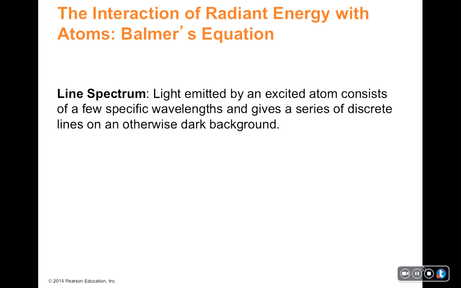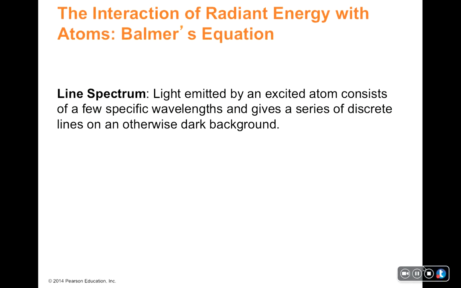So we talk about this spectrum and the wavelength and frequency here in order to be able to talk a little bit about how the electronic structure of atoms was discovered. And one of the first things that was discovered is that hydrogen atoms in particular, when you excited those hydrogen atoms, they emitted different wavelengths of light. And this was then known to be what is called a line spectrum.